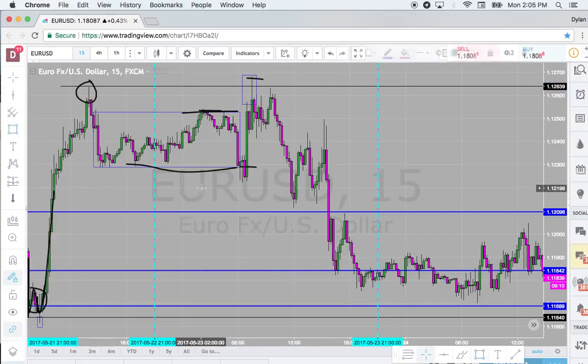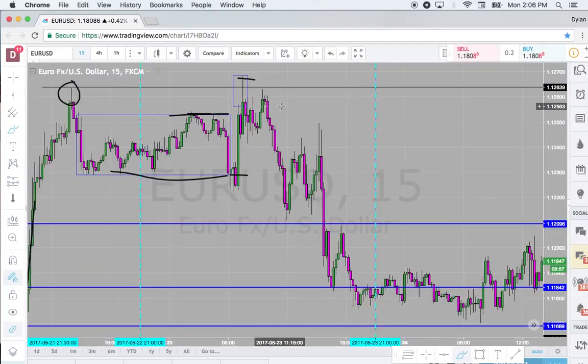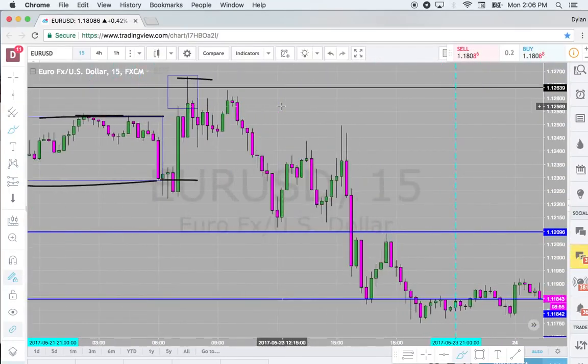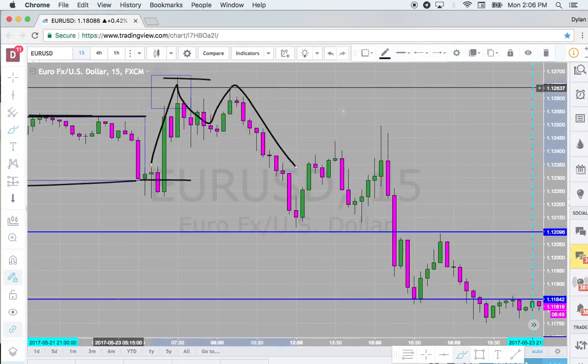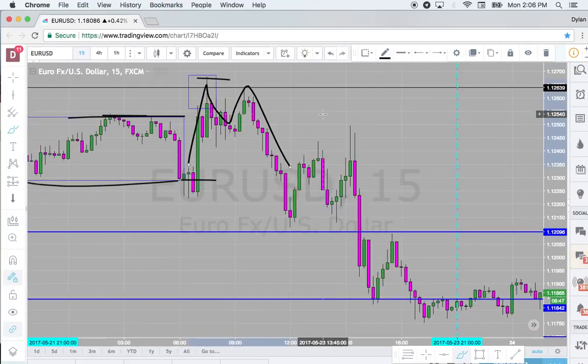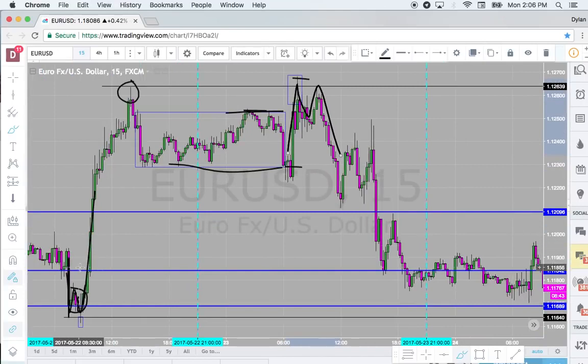and what we also see is, you may not have noticed it, but there's a macro M here, and the second leg of the macro M, I like to call it the M&M trade, has a micro M inside of it at the high of the day, the second leg inside of the M formation.